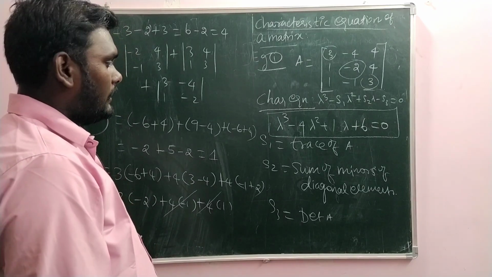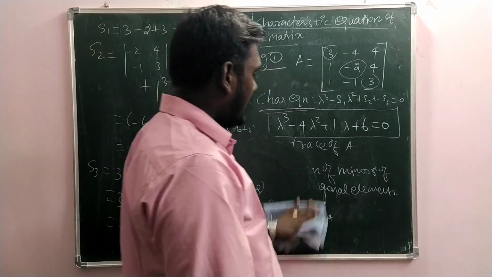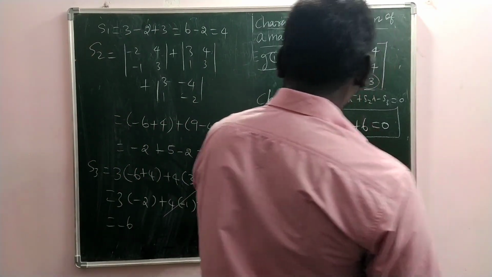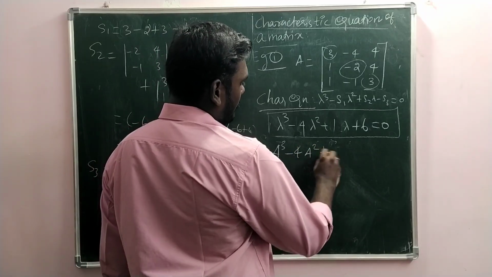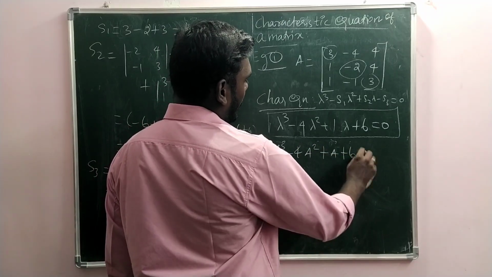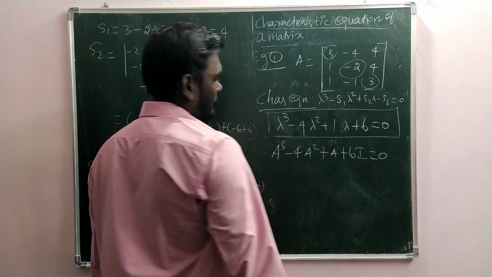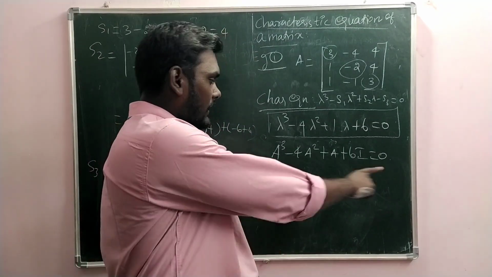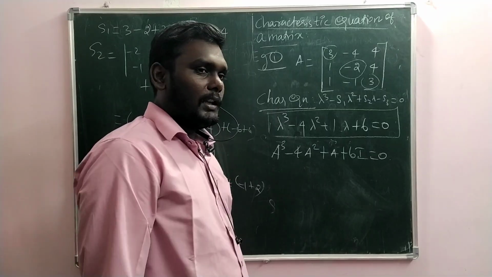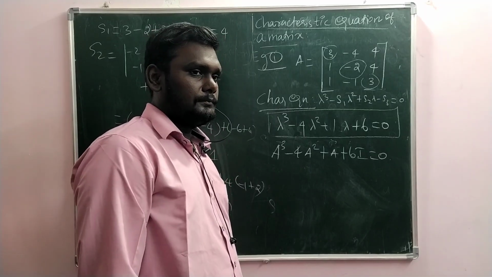Alright. Then what I was saying? If you substitute our matrix A in there, we will be getting A cube minus 4A square plus A plus 6I equal to 0. You don't need to work it out. You just make sure it is a characteristic equation. And if you see one equation, you can directly put it equal to 0.